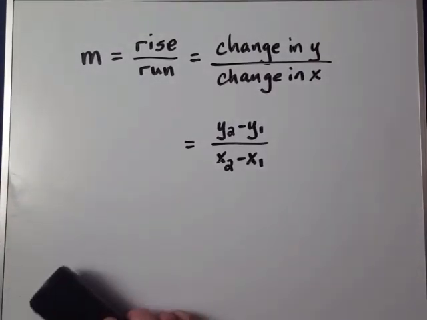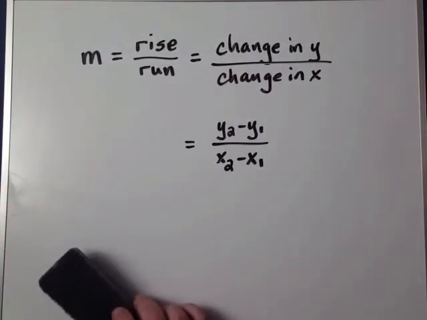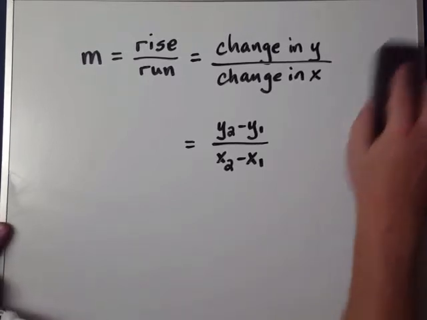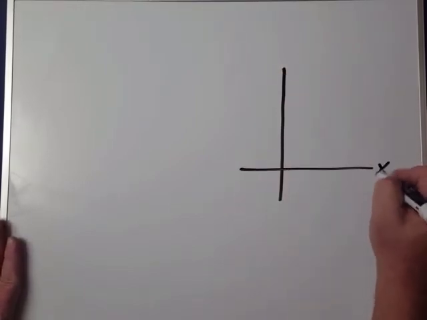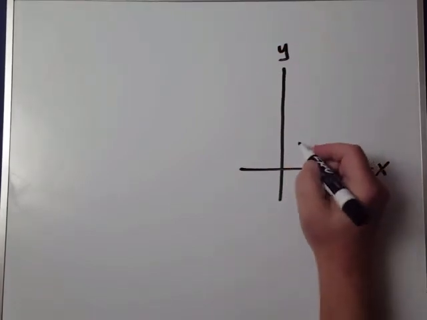Let's get a feel for this by finding the slope of a line. And let's just pick some pair of points to lock down a line.